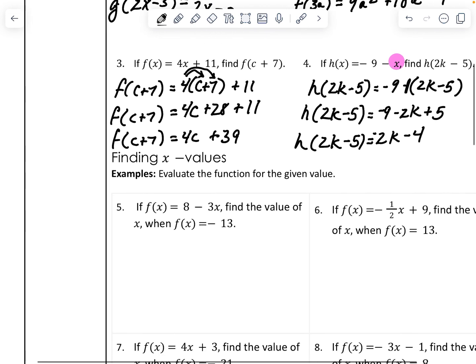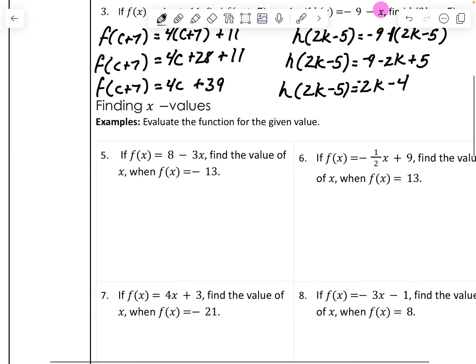So number 5, if f of x equals 8 minus 3x, find the value of x when f of x equals negative 13. Now this is a little different because it's giving me a value.